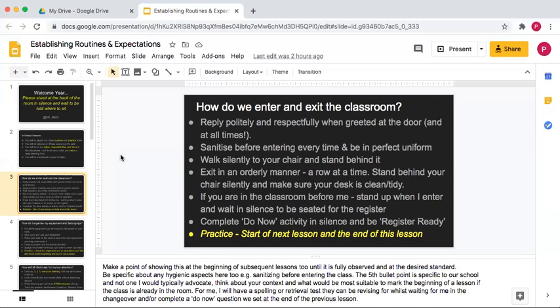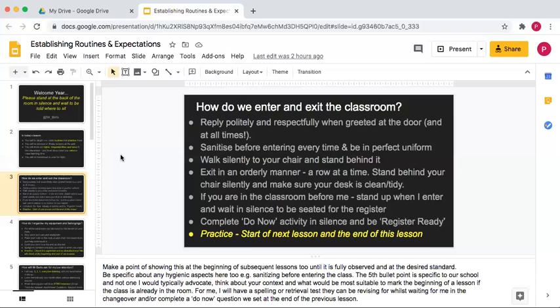In many cases, it might be that the class are already in the room before us. If we're transitioning between classes, as teachers, we're moving around, the class stays where they are. We're going to have students stand up when the teacher enters, when I enter, and wait to then be seated for the register.